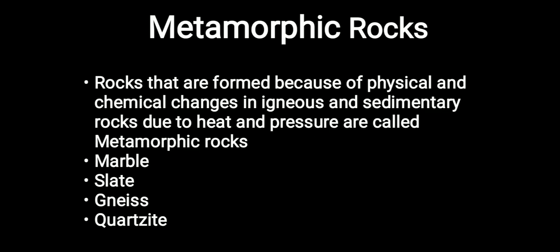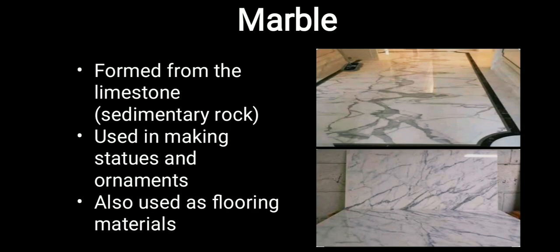Examples of metamorphic rocks are marble, slate, gneiss, and quartzite. So let's take the first one, that is marble. It is formed from the sedimentary rock limestone, and marble is used in making statues and for other ornamental purposes, and it is quite popular as a material for flooring too.